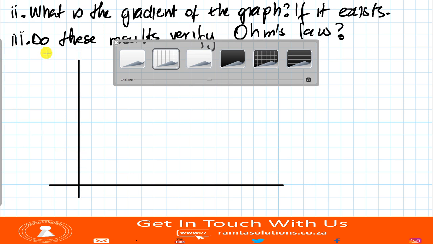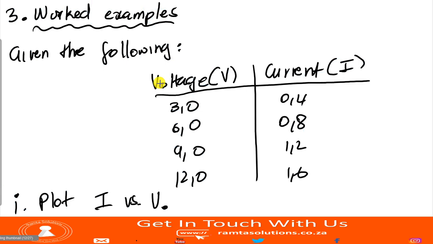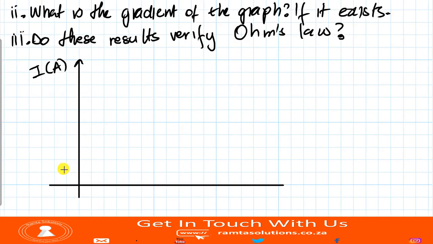Okay, so let's see. We are drawing current versus potential difference. Current goes from 0.4 to 1.6. So let me begin with 0.4, 0.8, 1.2, 1.6.